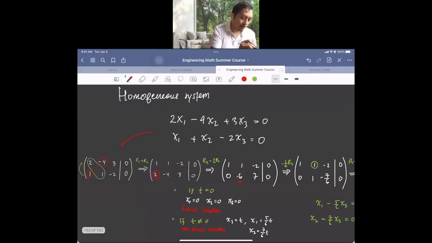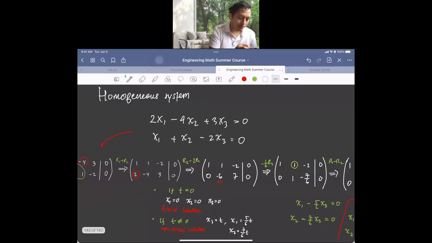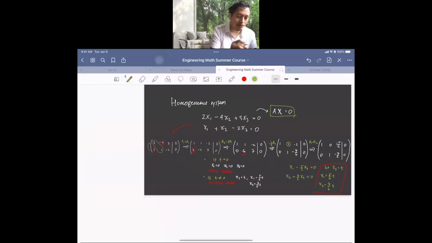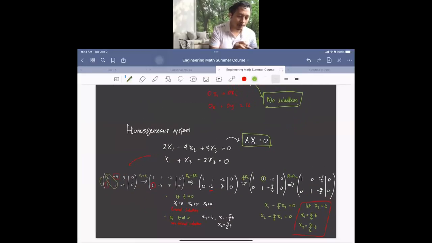Okay, this part here, although we can write it into echelon form, on the previous page I said that we can write this as a matrix, let's say matrix A, multiplied with the matrix X. X is the variable, so we can write it in this form also.